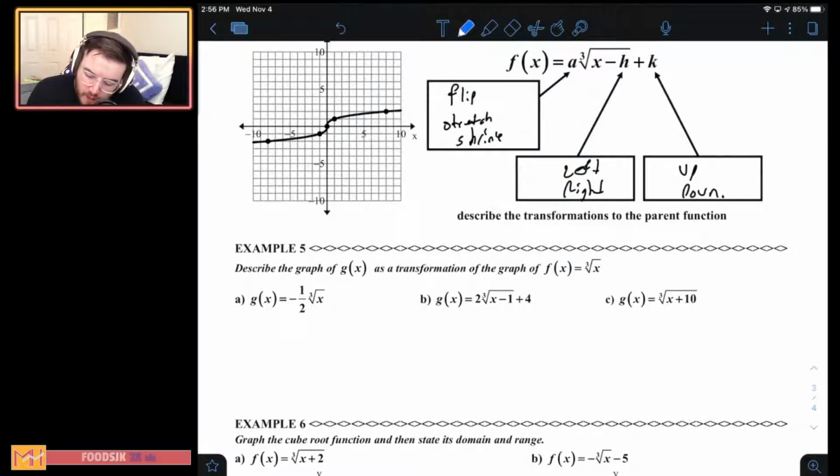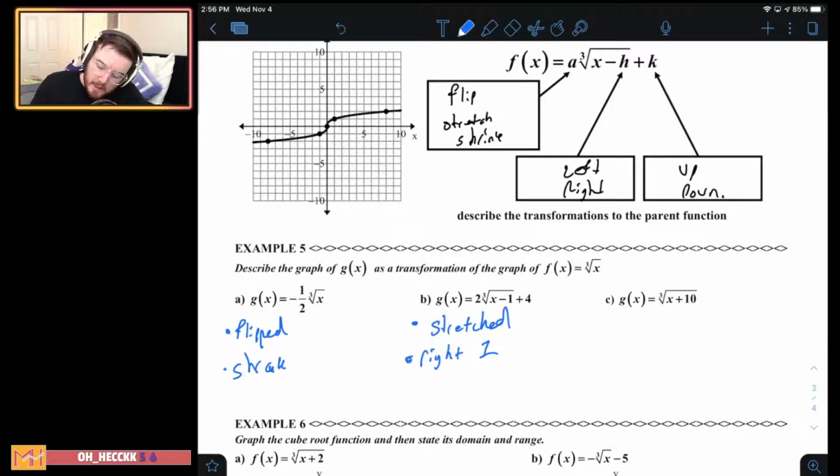So, describe our transformation. Well, it was flipped, it was shrunk, and that's it. No movement left, right, up, or down. What happened on this guy? That 2 is bigger than 1, so we stretched. That minus 1 means right 1.